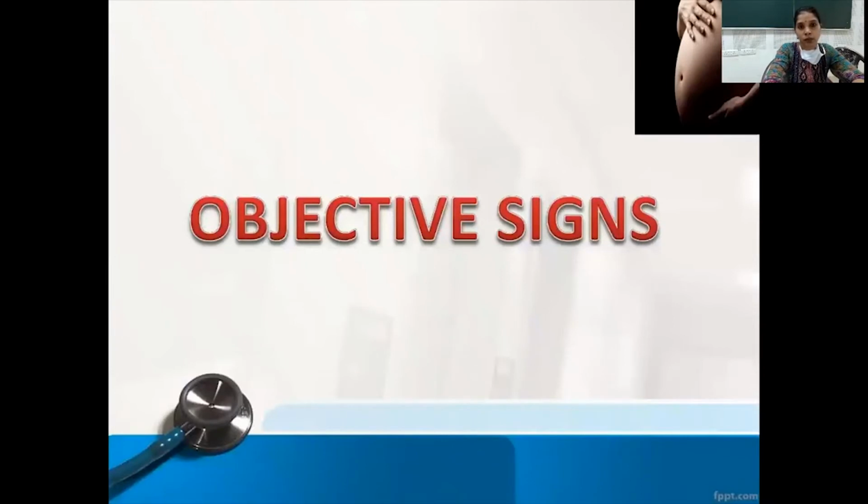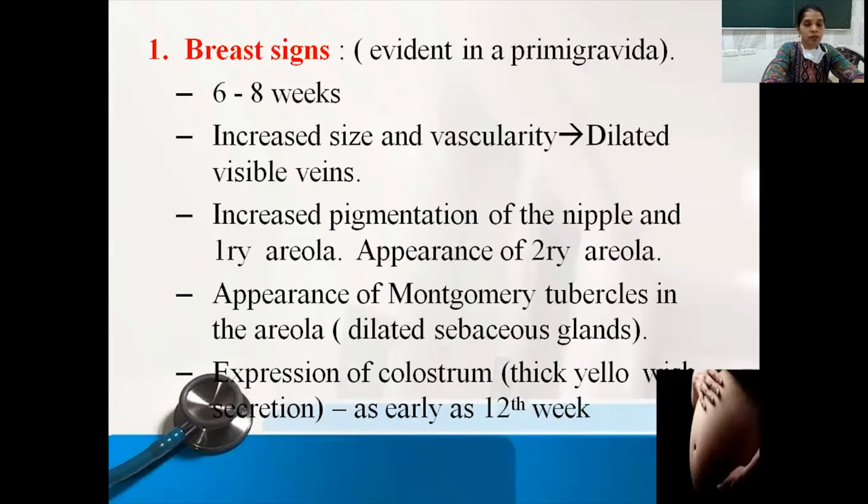Until now, we discussed the symptoms of first trimester pregnancy. Now, the signs: the patient won't complain about these, we see them in our observation. These are the objective signs of pregnancy. First, the breast signs. The patient comes and tells us there is breast pain and discomfort.